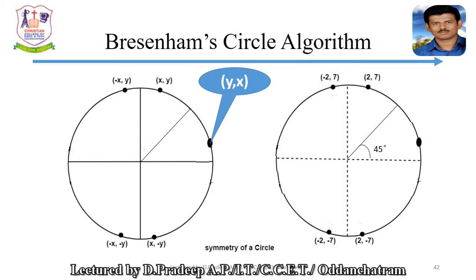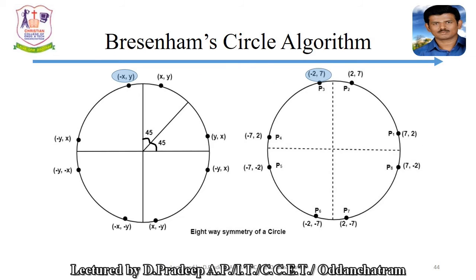For the other octant we get the boundary value just by swapping the values of the x and y coordinates. In the example we have 2 comma 7 in one particular octant, so in the other octant we get 7 comma 2. In the same way, in the second quadrant we get minus 2 comma 7, and in the other octant we can get minus 7 comma 2.